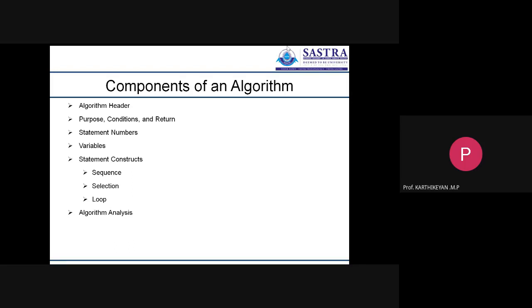That is important. And the next one is the statement constructs. Whatever programs, whatever algorithms we are going to write, the algorithm will have any one or a combination of these three constructs only. The first construct is a sequence, the second one is a selection, and the third one is a loop. What does sequence mean?